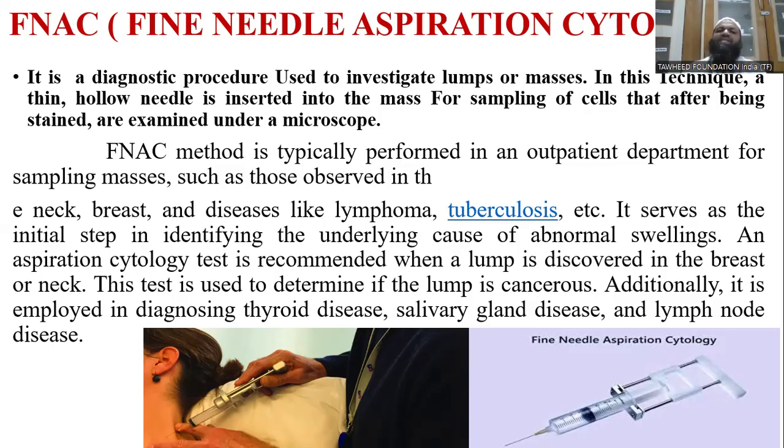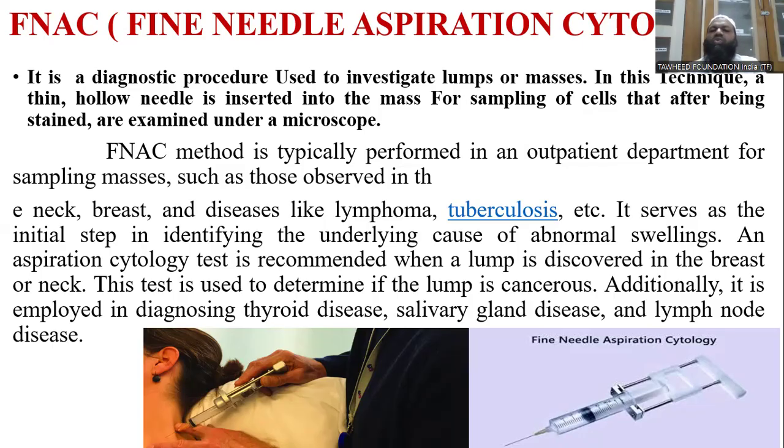After staining the sample, we examine it under a microscope for any abnormal cells. Normally, we find normal cells. If the patient has any abnormality, we will see different types of abnormal cells. Then a diagnosis, a conclusion, is made by a pathologist.